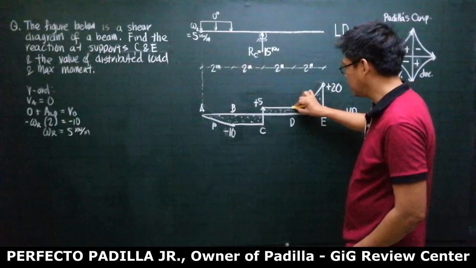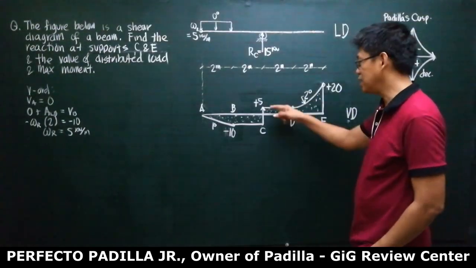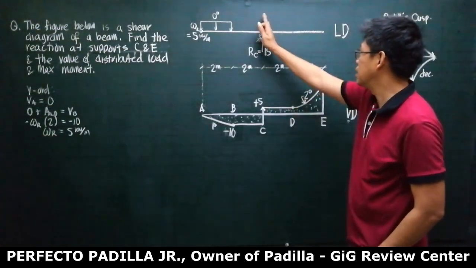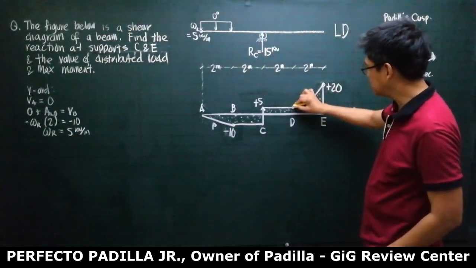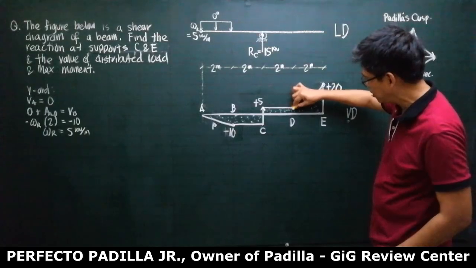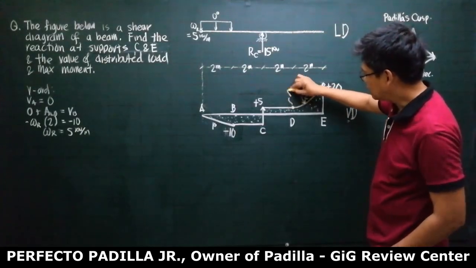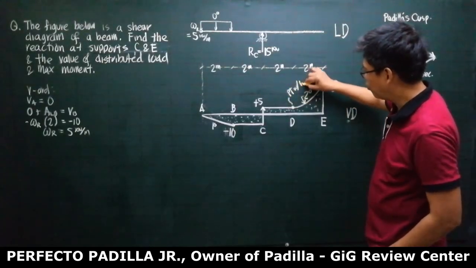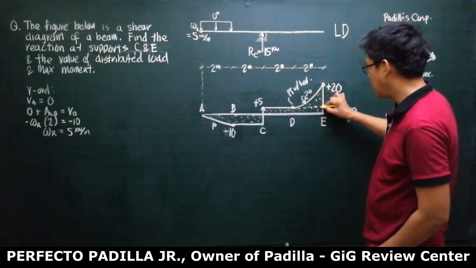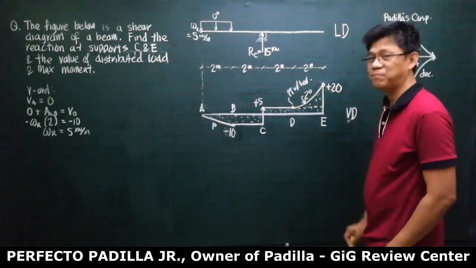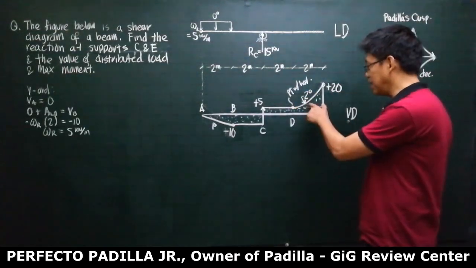From here to here again, there is no change in vertical force. So it means there is no load from here to here. Then here there is a second degree curve. From the drawing, this is a point of tangency with horizontal. So meaning this portion is a spandrel area. Second degree spandrel area.